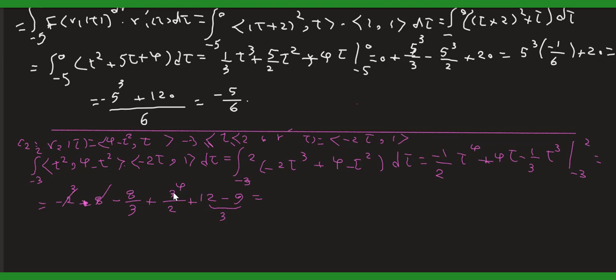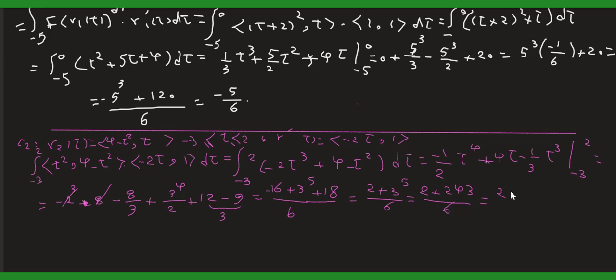Here we have 3 to the power 5, and here 3 multiplied by 6, 18. 18 minus this is 2 plus 3 to the power 5 over 6, which will give us 2 plus 2 for 3 over 6, which gives us 245 over 6.